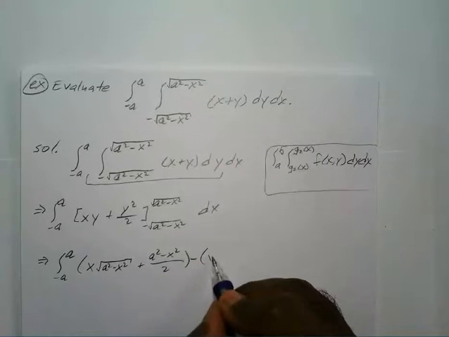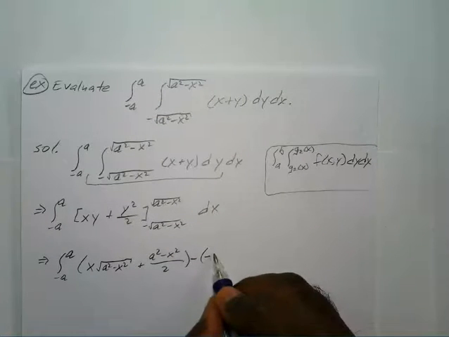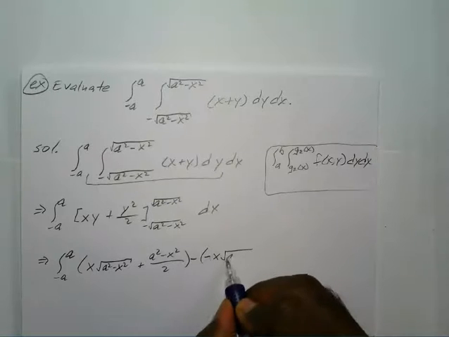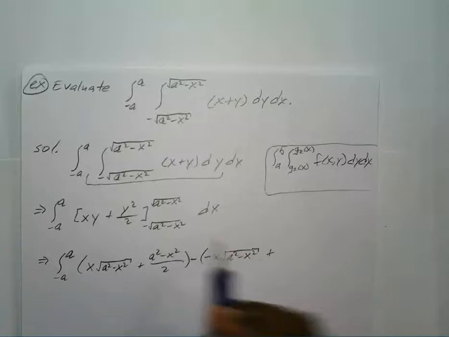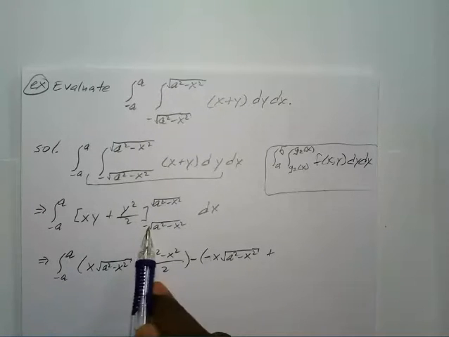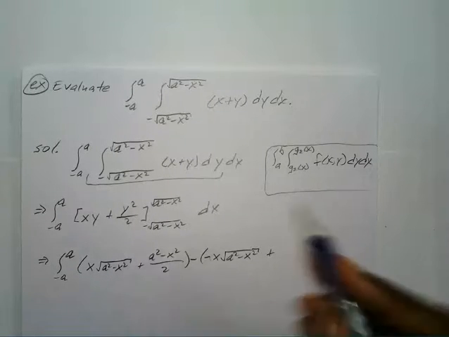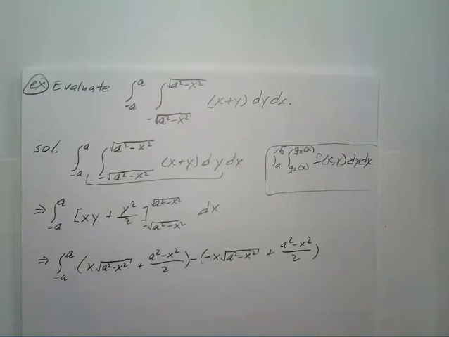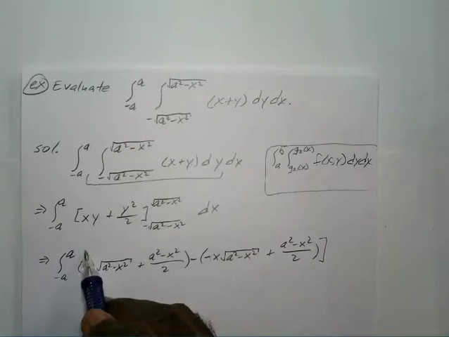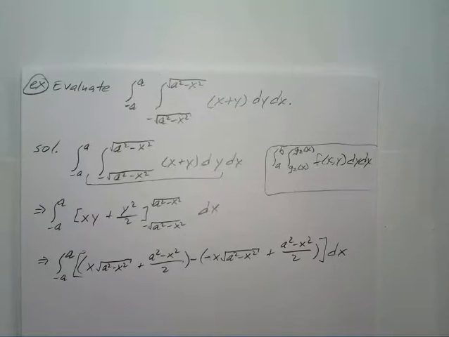So that's x. Oh, actually, you can put the minus right in front of there. So minus x square root a squared minus x squared plus, again, that just becomes positive since it's a negative squared. So you have a squared minus x squared over 2, and all of that is with respect to x. Don't forget that. It follows you all the way down till you use it.